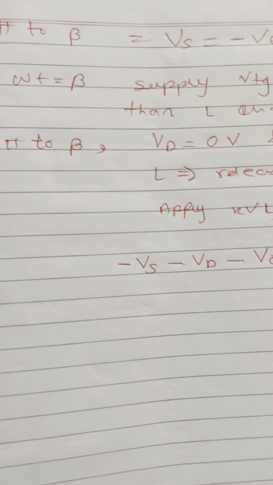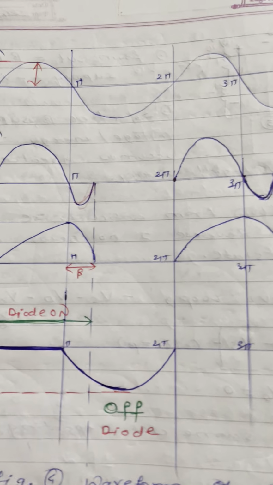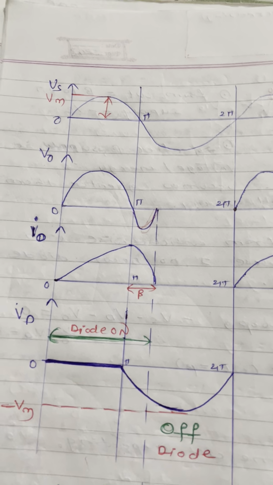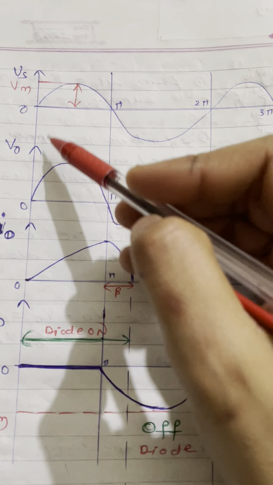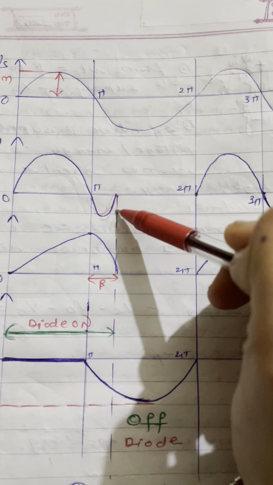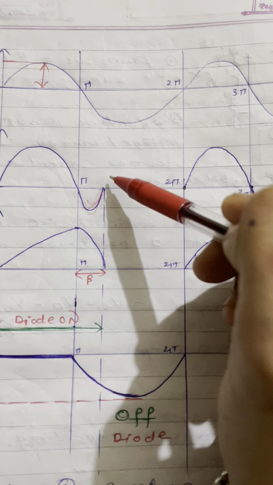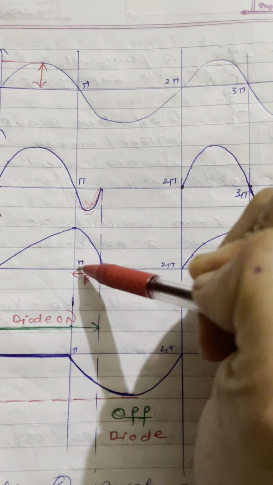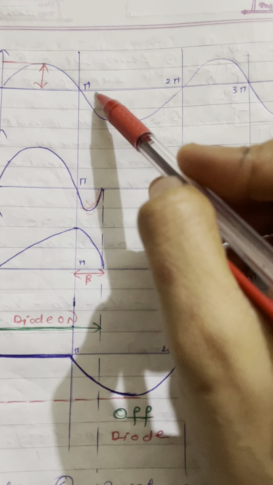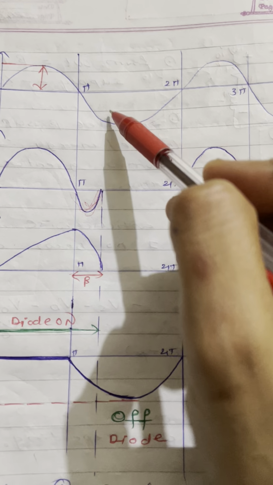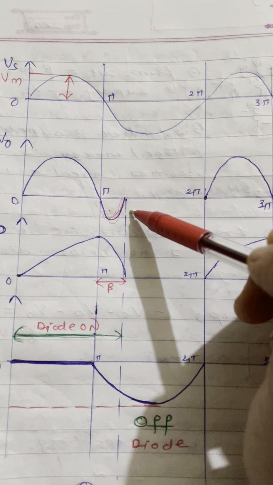Why minus? Because whenever the diode is conducting, the supply voltage is positive, and the inductor stores the energy. But from pi to beta, the inductor will release the energy, and in that case Vs is negative, Vd is also negative, and the output voltage is also negative.